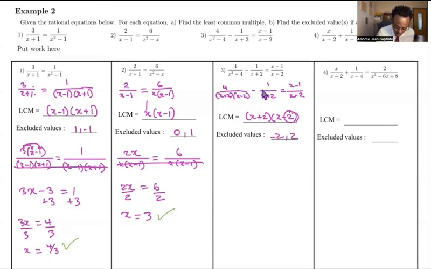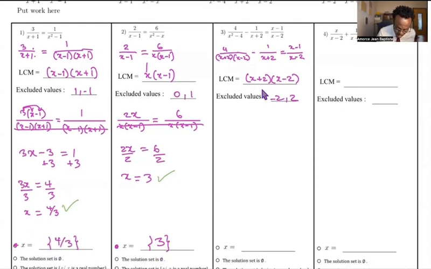You have the excluded values, so we can go ahead and write the expression with a common denominator. The common denominator is x plus 2 times x minus 2. This one's already the same, so we don't have to change anything.